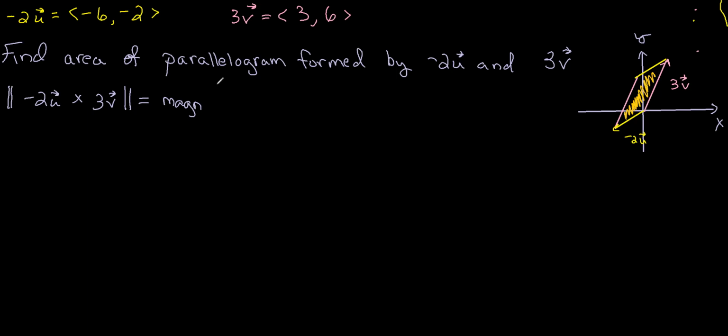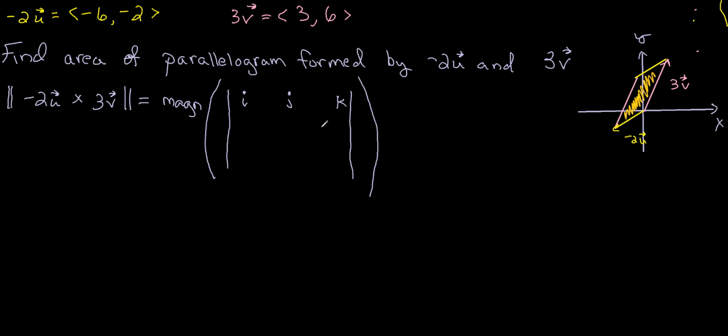I'll do the magnitude at the end. I'm going to do the magnitude of the determinant. First row of my determinant is vector i, vector j, and vector k. And again, I know at the end I need to do a magnitude of that.